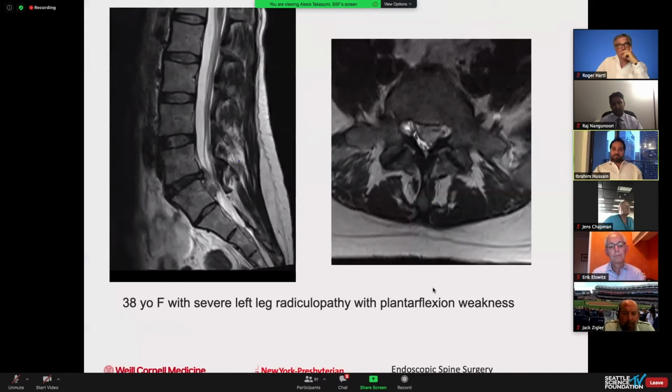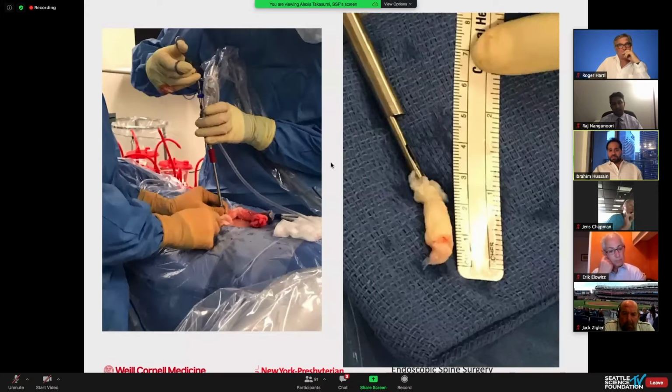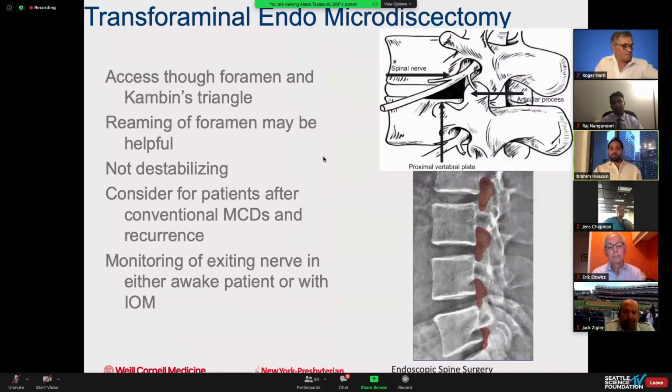Like I said, it's great for extruded fragments. This is a patient who had a large L4-5 inferior extruded fragment, a young patient with radiculopathy and weakness. Sometimes you can get a fragment that's so big that it doesn't fit through the working sleeve, and you have to take out the fragment with the working sleeve itself. So again, these are very satisfying procedures, and you can accomplish all of the same goals as you could through a tube.